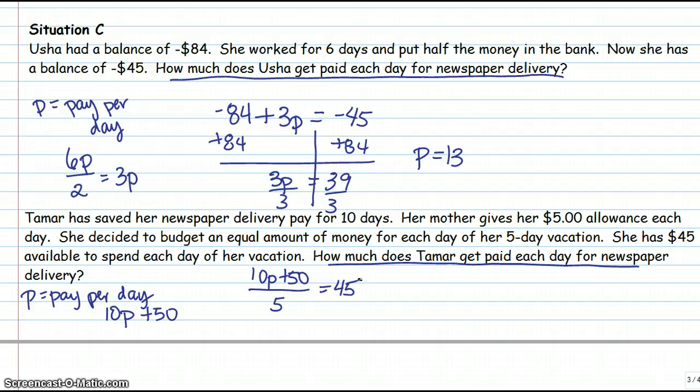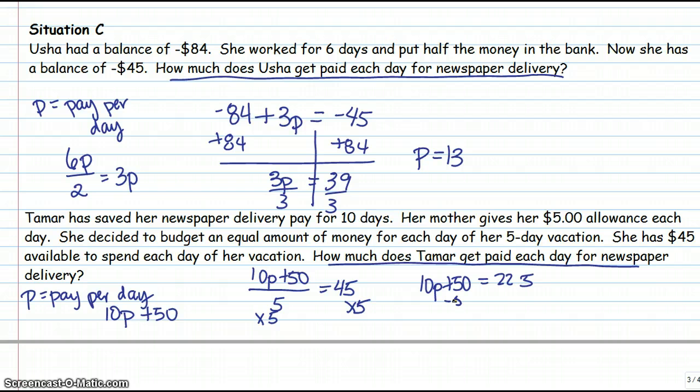So now we need to solve this equation. I see a fraction, and I see that it's been divided by 5, so I'm going to multiply both sides by 5. Times 5, times 5. So that gives me 10p plus 50 equals, and let's see here, that's 225.